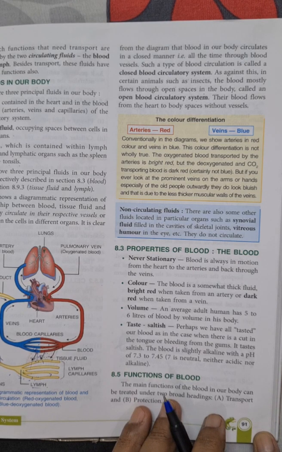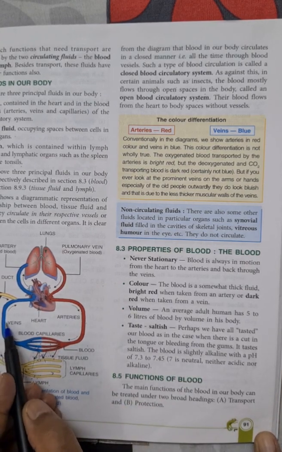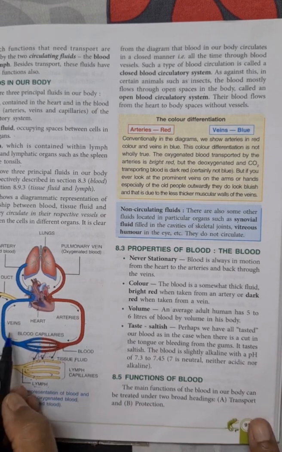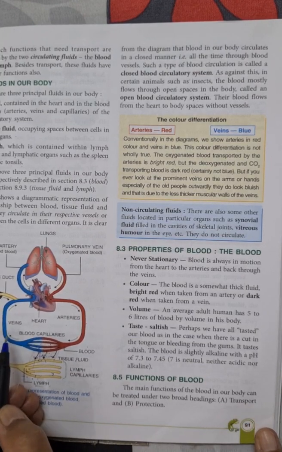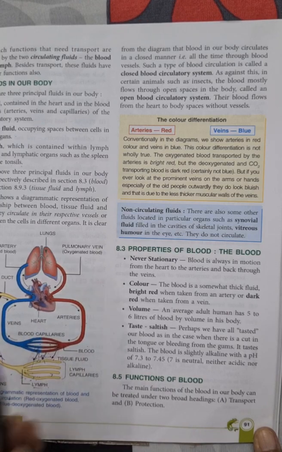The blue color of veins in diagrams is just to differentiate veins from the arteries, but the blood is always red in color.